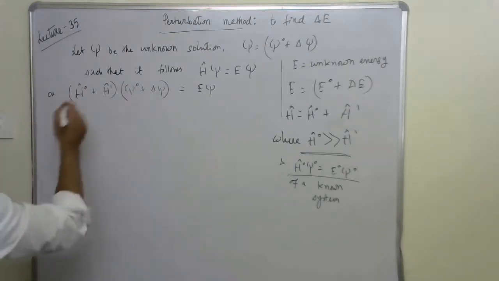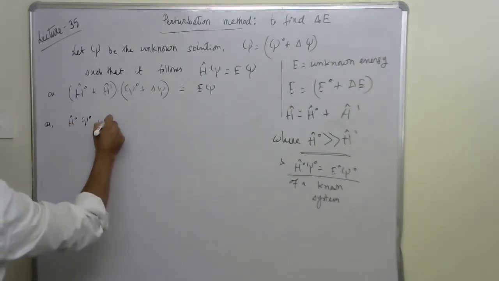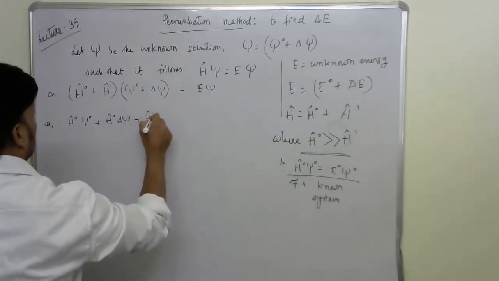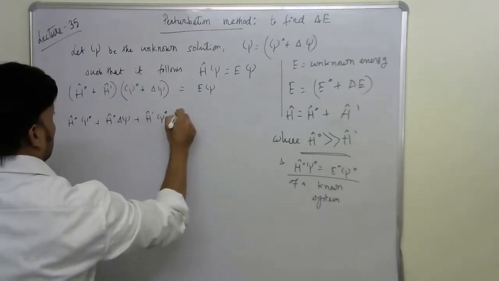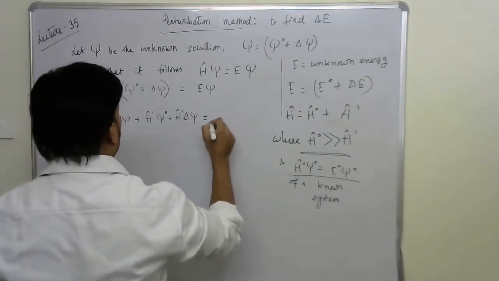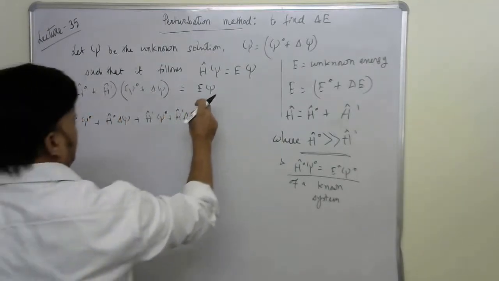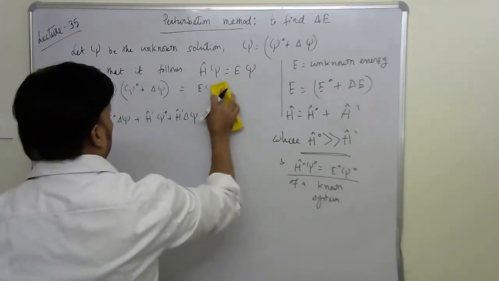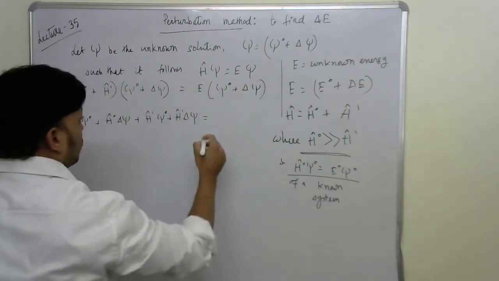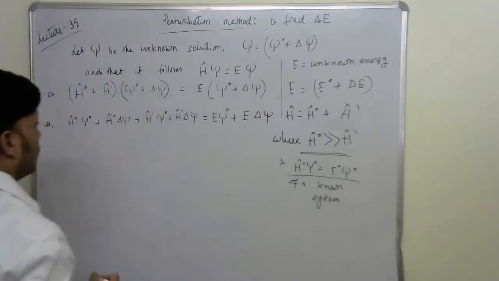Then we can break this term and write H0 psi naught plus H0 delta psi plus H1 psi naught plus H1 delta psi is equal to, here we have to expand the psi, psi naught plus delta psi, so we get E psi naught plus E delta psi.